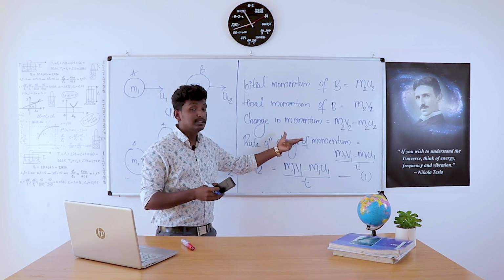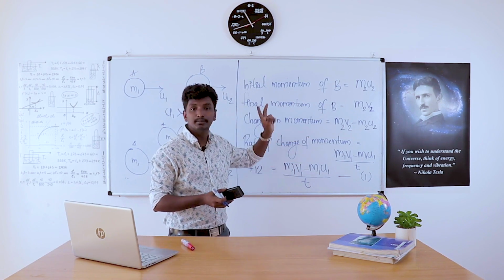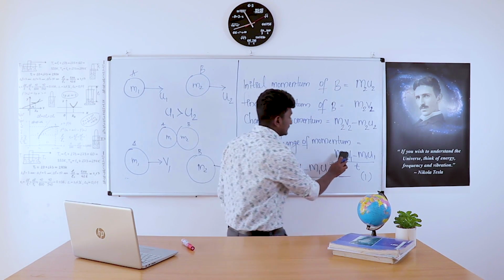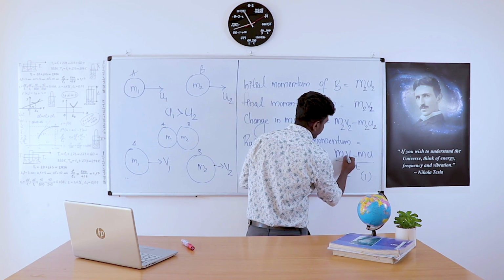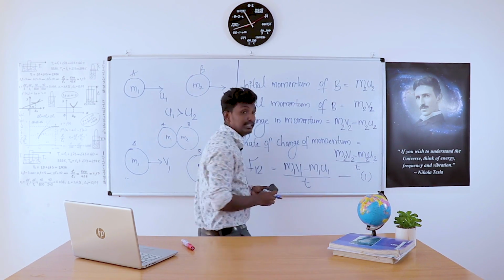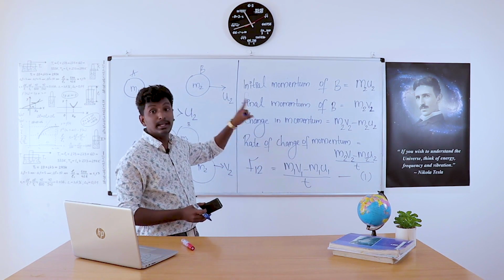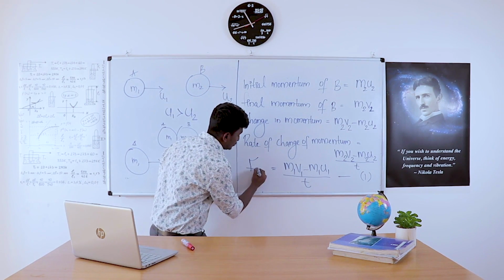The same way, rate of change of momentum, that is change in momentum divided by time, is m2 v2 minus m2 u2 divided by t. This is the force applied by B on A, which we can write as F21.